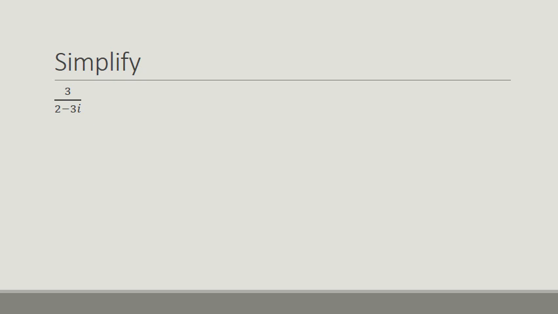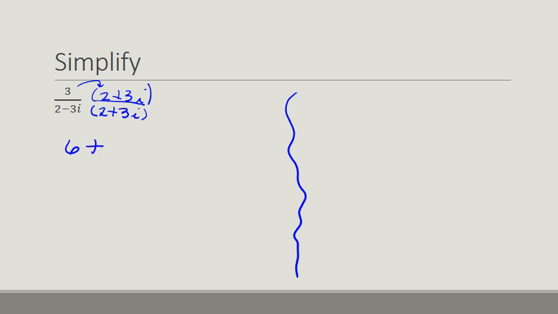Now in this example, 3 divided by 2 minus 3i, we are going to have to use the conjugate because we can't have that 3i in the denominator. So we multiply by 2 plus 3i over 2 plus 3i, because remember, this is just like multiplying by 1. If I distribute, I'm just going to do some scratch work over here. The top is just going to be 3 times 2 is 6, plus 3 times 3i is 9i.